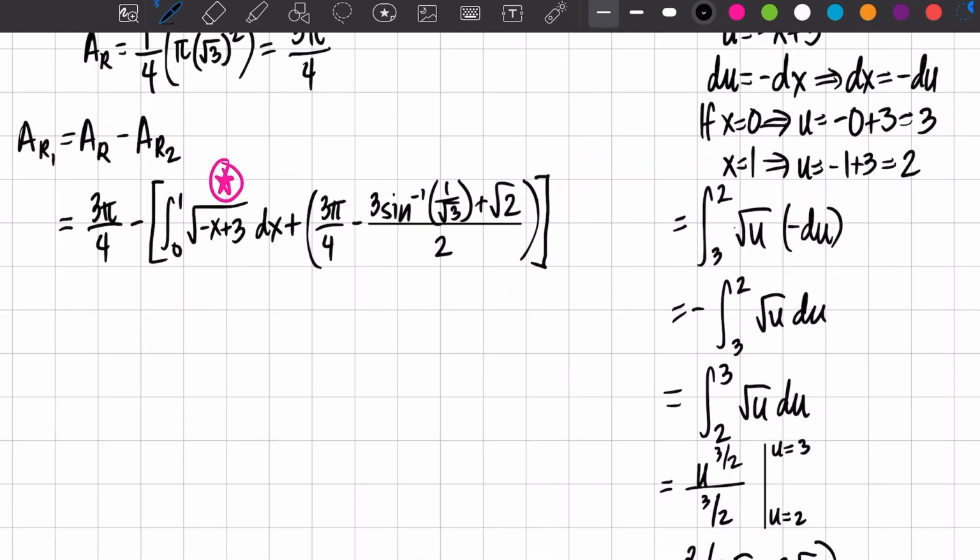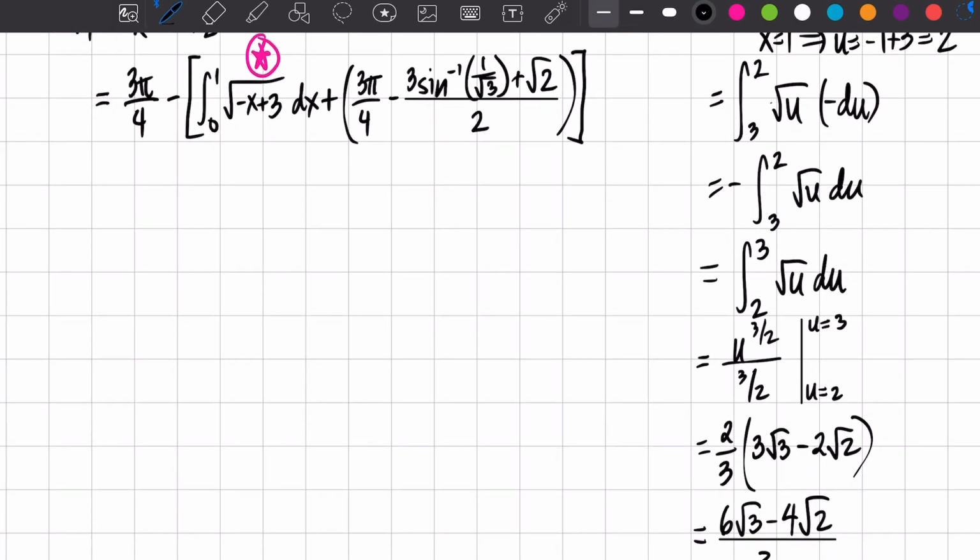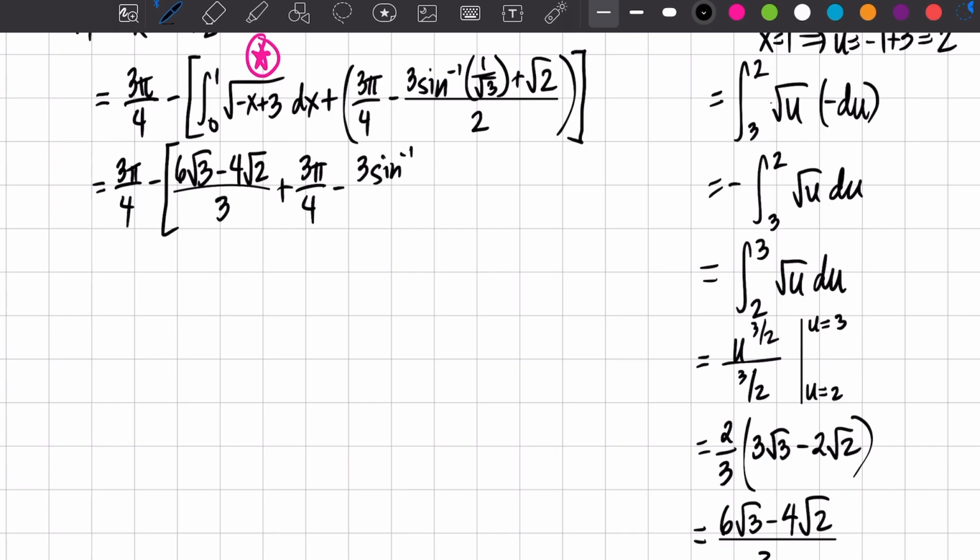So we can plug that value that we obtained. We have 3 pi over 4 minus, this one becomes 6 square root of 3 minus 4 square root of 2 all over 3, plus 3 pi over 4 minus 3 sine inverse of 1 over square root of 3 plus square root of 2 all over 2.